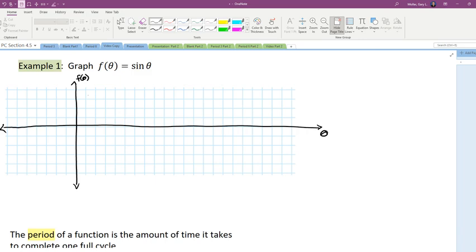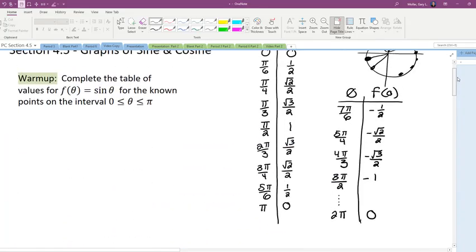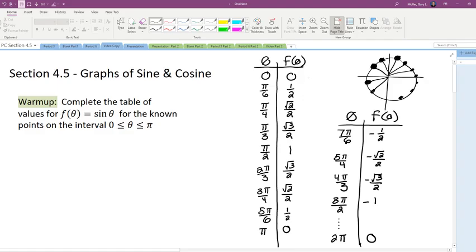This is going to be a little tricky because I've got some gaps here. This is a 30-degree gap, this is a 15-degree gap, this is a 15-degree gap, and then another 30. I need to be careful about how I graph this.